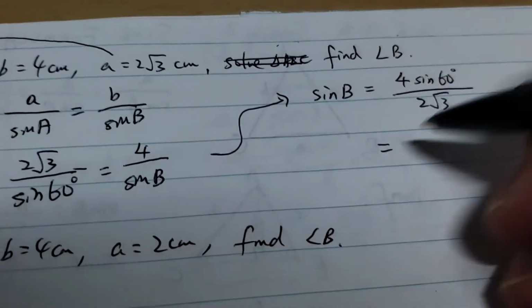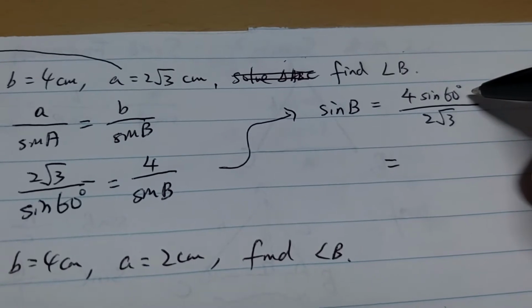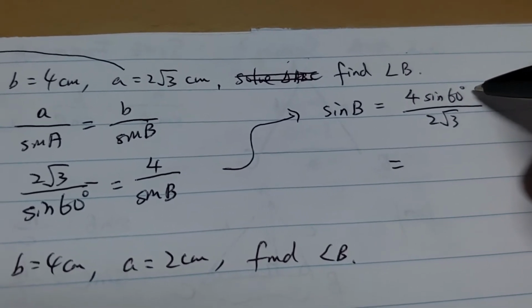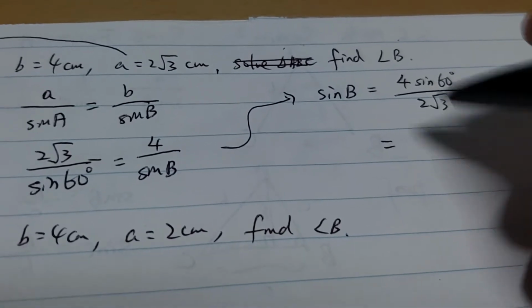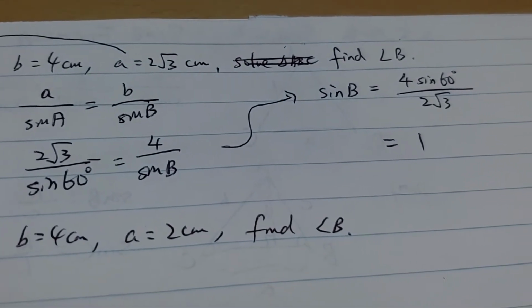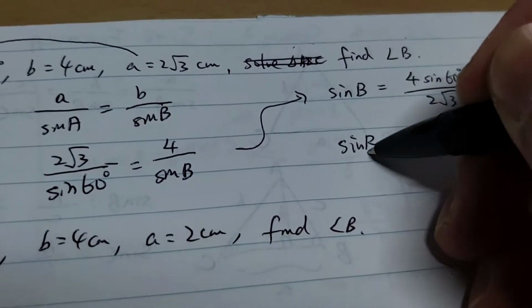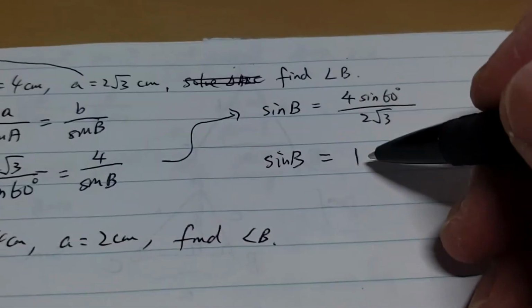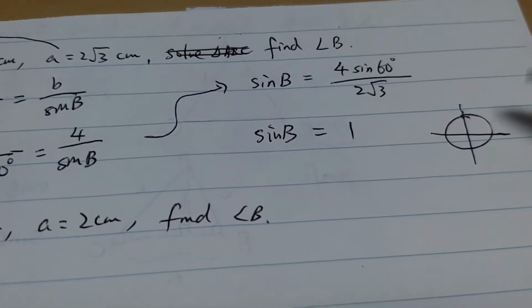And sine 60 degrees is square root of 3 over 2. So after cancellation, actually this is 1. So if sine B is 1, we can use the unit circle again.